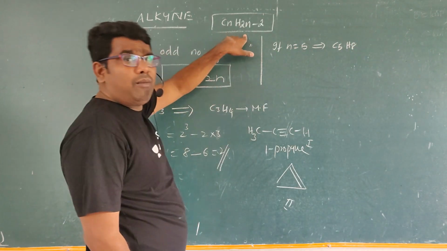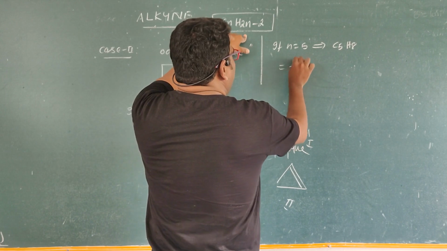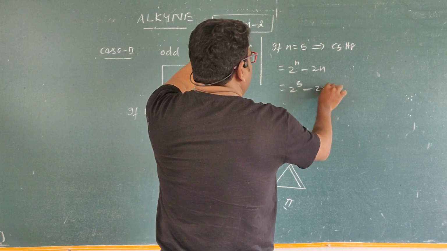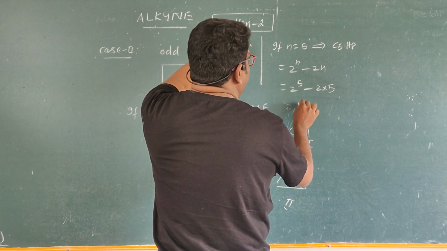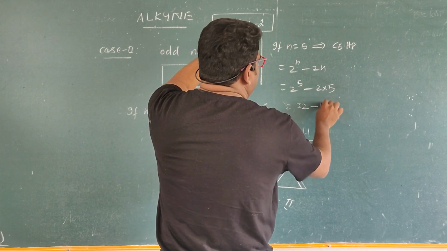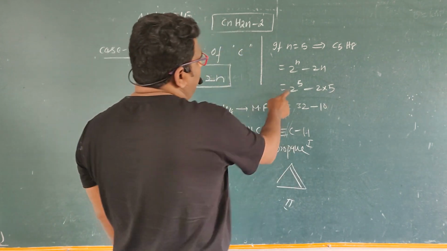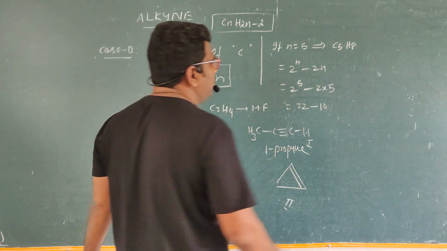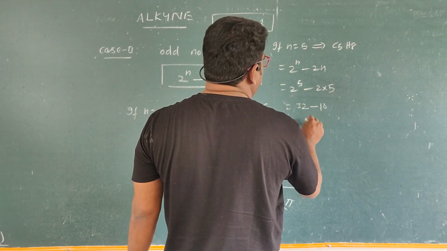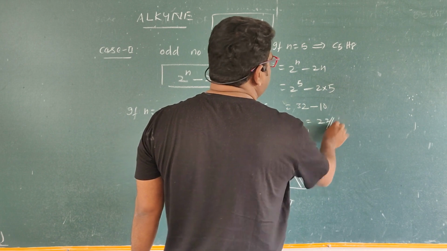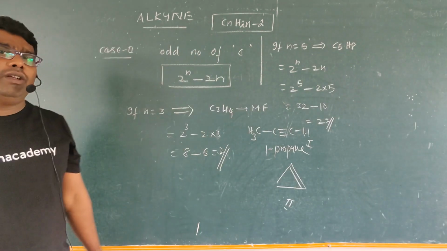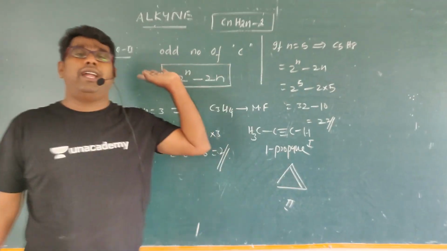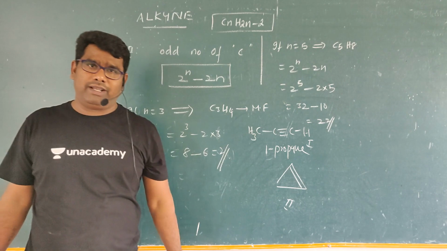By using this 2 power n minus 2n formula, 2 power 5 minus 2 into 5, that is equal to 32 minus 10, that is equal to 22 isomers are possible. 22 isomers are possible if the number of carbons is 5 in alkyne. 5 indicates an odd number of carbon atoms.